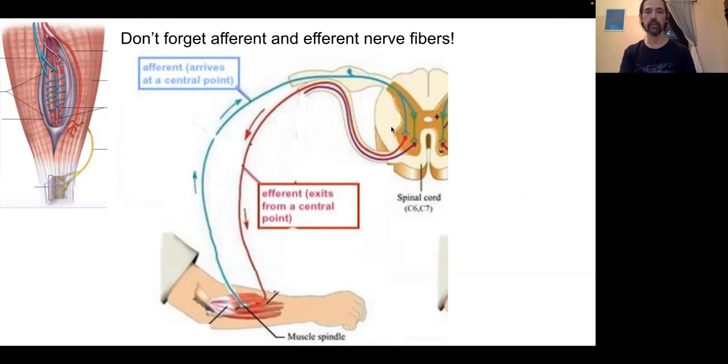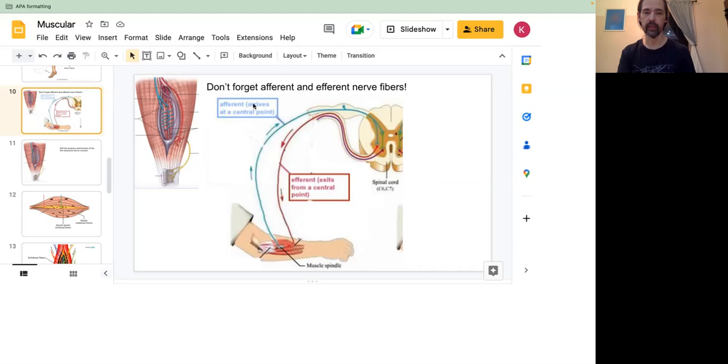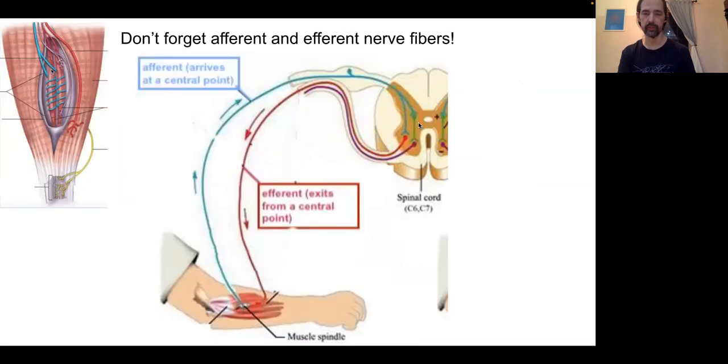You'll see arrows pointing out, and that's efferent impulses carried by efferent nerve fibers, exiting the spinal cord, and then arrows going in toward the central nervous system, afferent, impulses that arrive at the central nervous system.